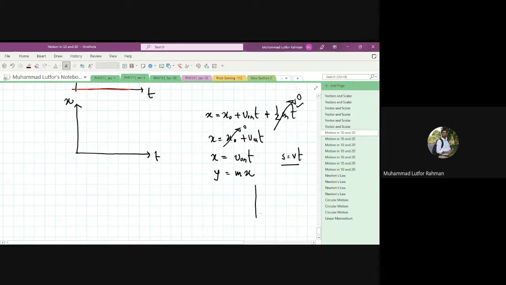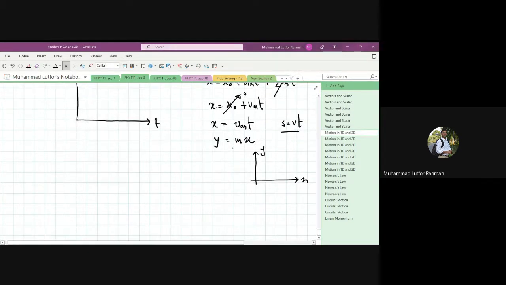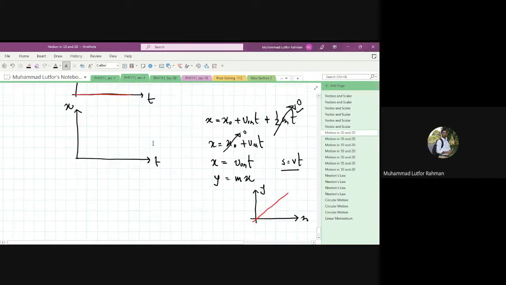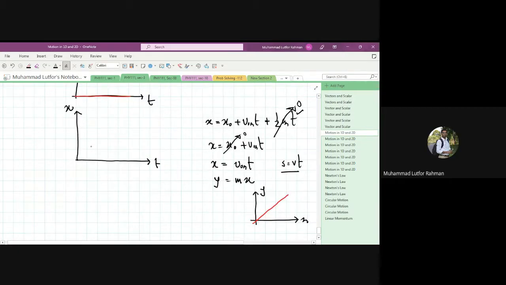If this is your x-axis and this is your y-axis, then in that case this would be a straight line passing through the origin. When time increases, the value of x will also increase, but the ratio will be the same. Now, what about this same case?